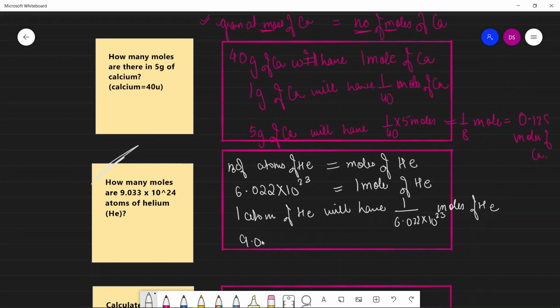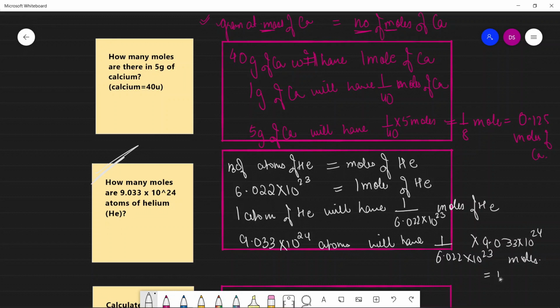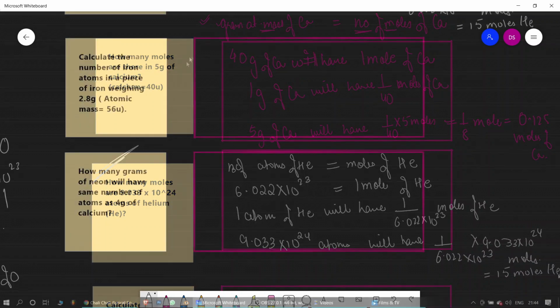Similarly, 9.033 into 10 raised to the power 24 atoms will have 1 upon 6.022 into 10 raised to the power 23 into 9.033 into 10 raised to the power 24 moles, which if you calculate is going to come out to be 15 moles. Okay, so this is 15 moles of helium.